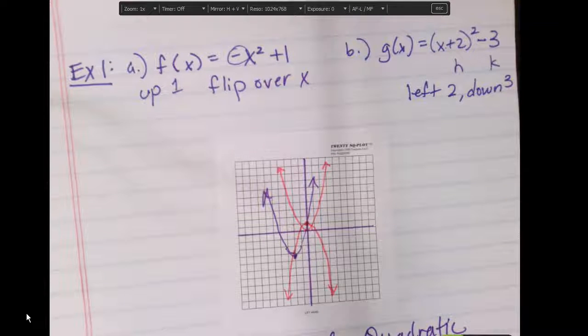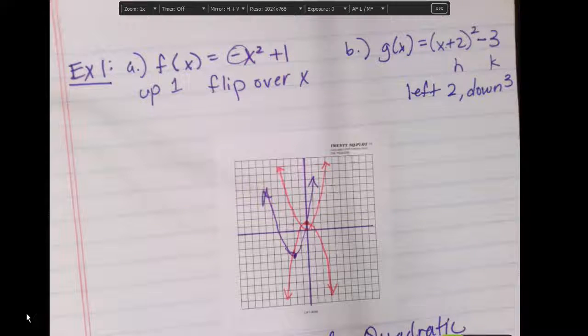And so this is a review from your transformations unit. We have our A value, which is to stretch or compress. We have our H value, which is horizontal shift, and we could make a note that minus is right, plus is left.